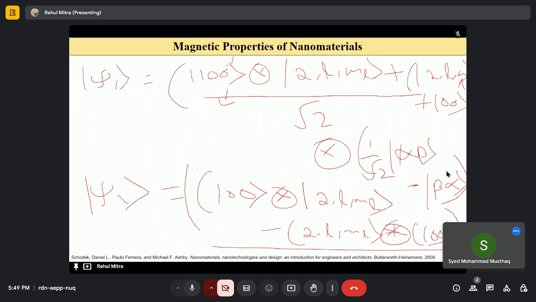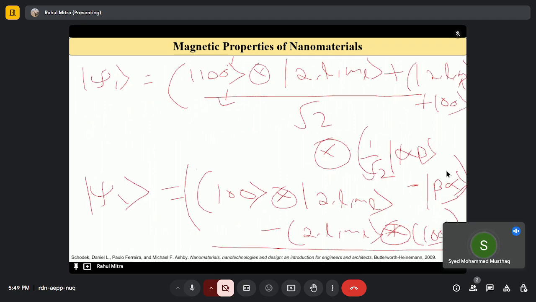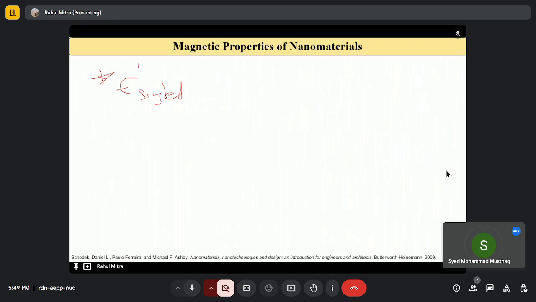Now on solving this will give us the energy of a singlet. Now, on representing the 100 or the spatial wave function of an electron from the Schrodinger wave equation, we will finally arrive at this.